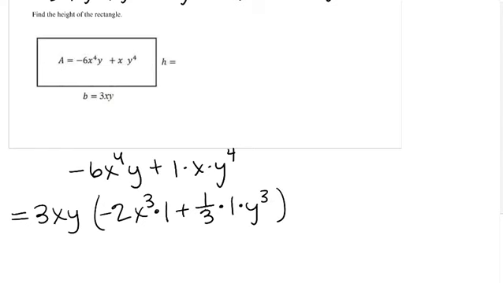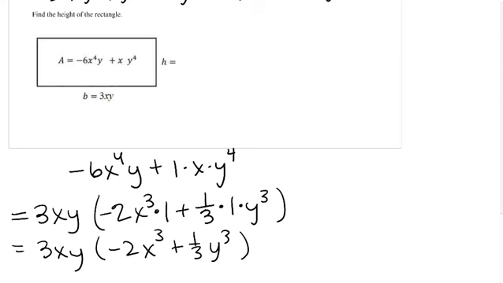Okay, but this certainly needs to be cleaned up. So this is 3xy times negative 2x to the third plus 1/3 y to the third. Meaning that the height would be negative 2x to the third plus 1/3 y to the third.